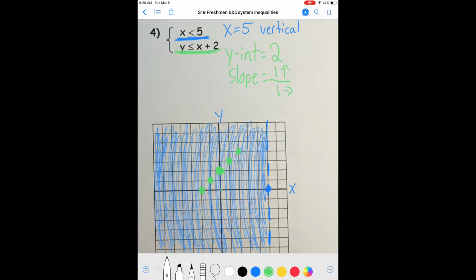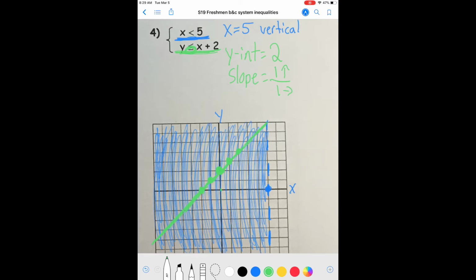Now, is it going to be dashed or solid? It's going to be solid. We do have an or equal to part of the inequality. So we are going to have a solid line through those points. And everybody knows I can't draw a straight line to save my life in real life, so definitely not on a screen.